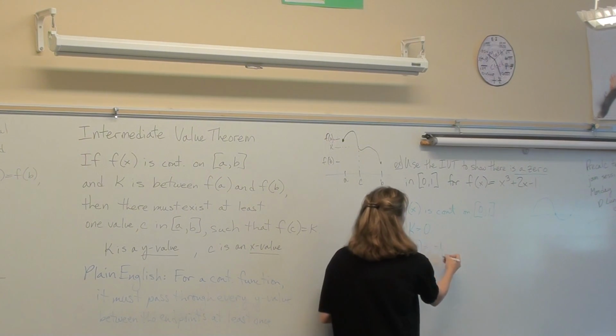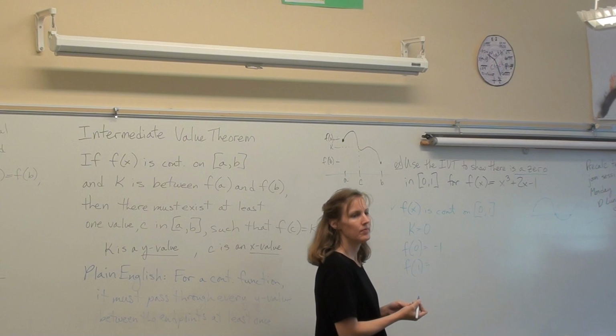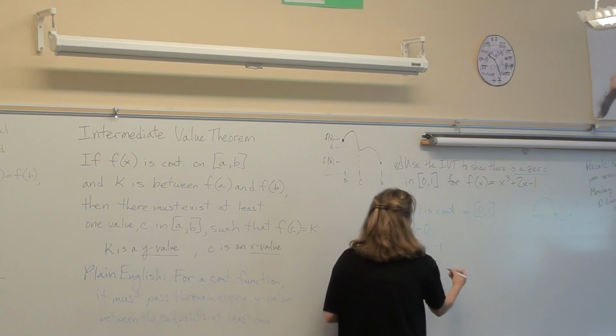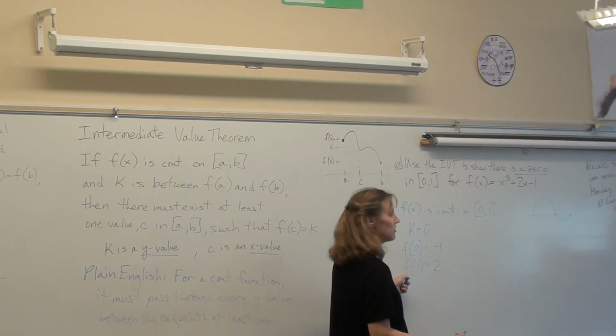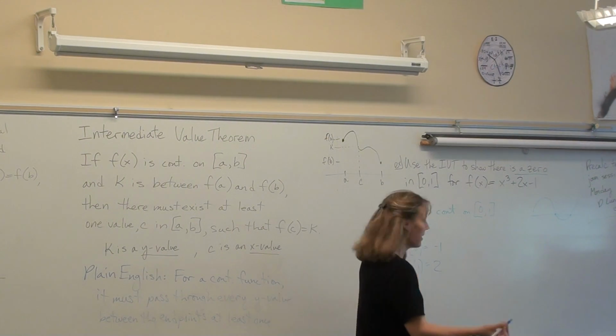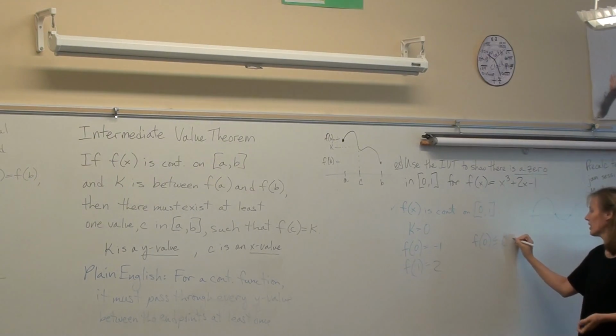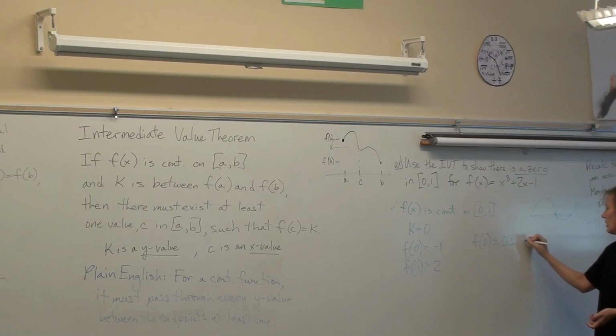Negative 1. What's f of 1? 2. F of 1 is 2, right? Is 0 in between negative 1 and 2? Yeah. So f of 0 is less than or equal to our k, less than or equal to f of 1.